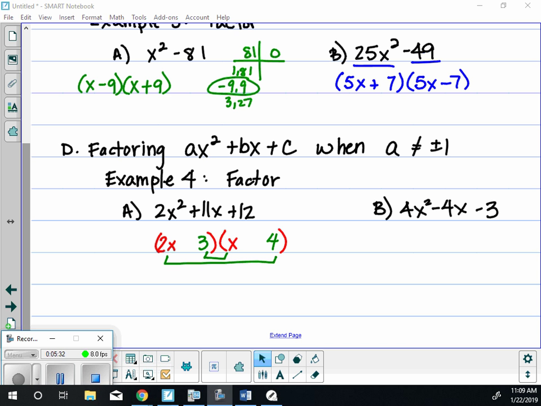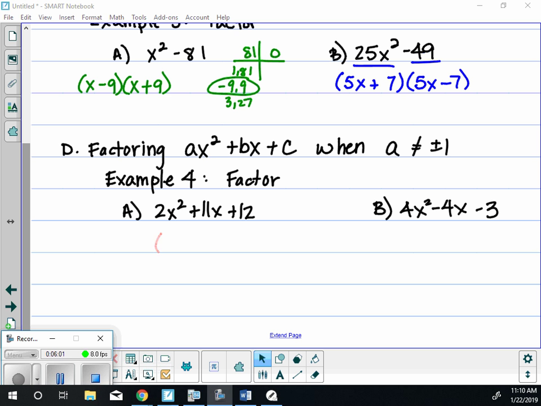That would multiply to 12. And when I FOILed it back out, I would get an 8x and a 3x from my outers and my inners that would add to 11. Okay, so it is possible to factor it, just kind of guessing and checking. That is not my recommended method. Okay, my recommended method is to do it like this.